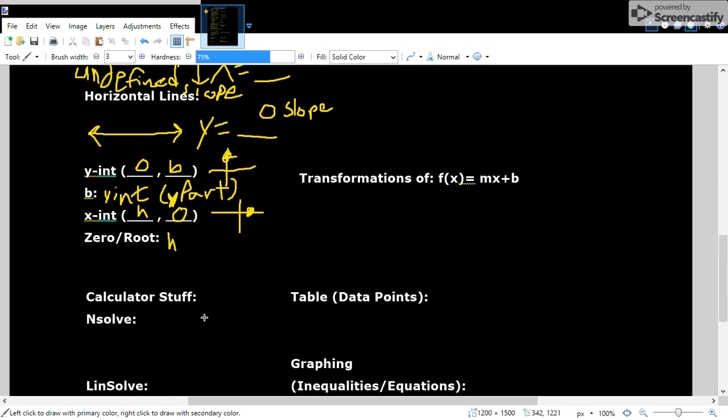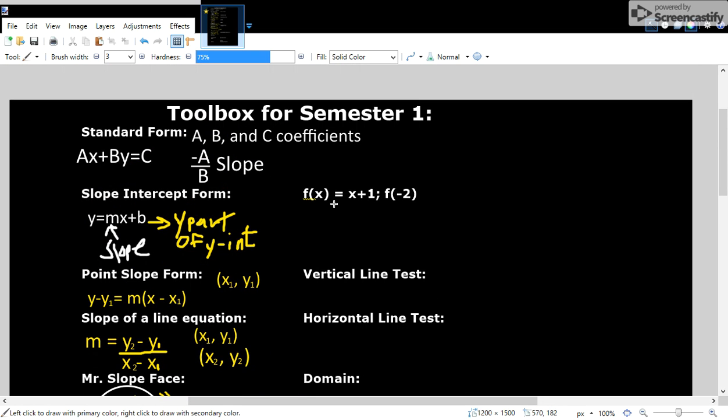Okay, let's talk about the next one. So we have f of x equals x plus 1, and we're finding f of negative 2. So basically on this one, we want to substitute wherever we say x, we're going to replace it with a negative 2.